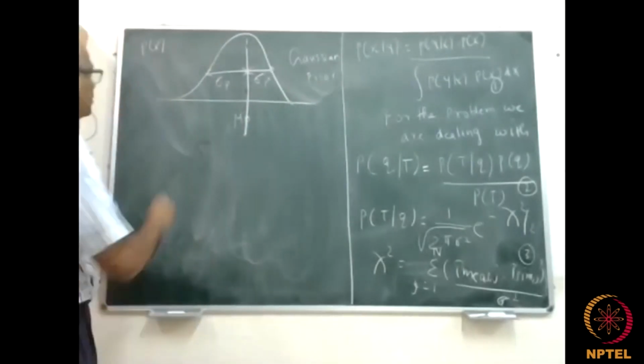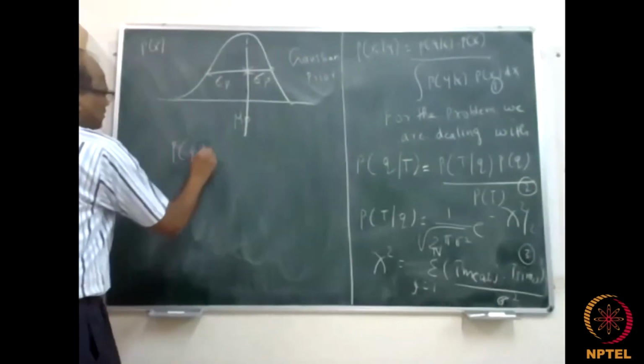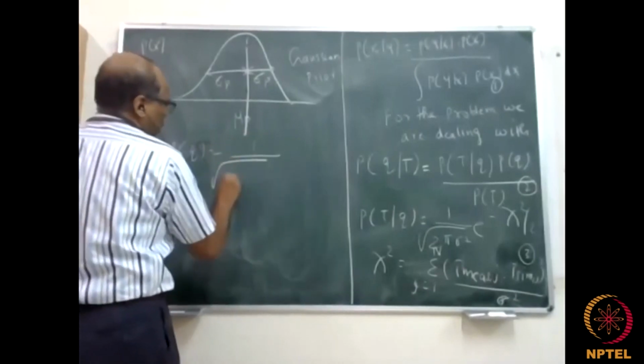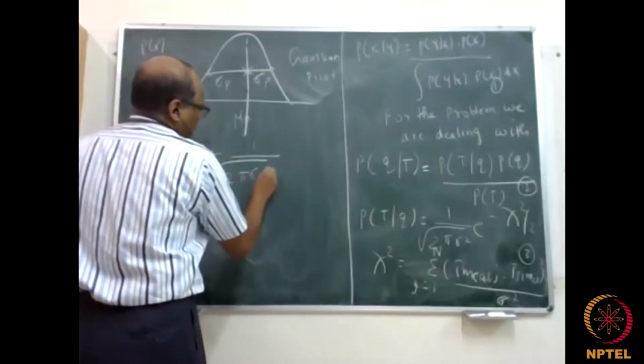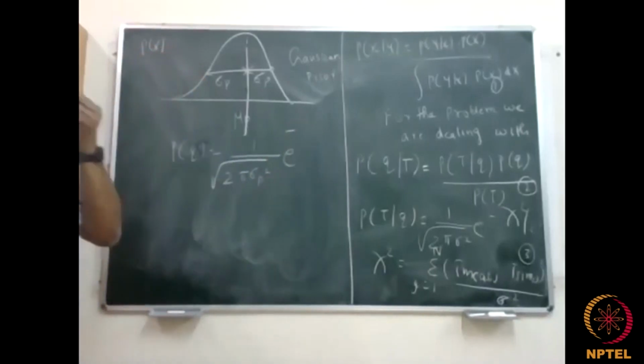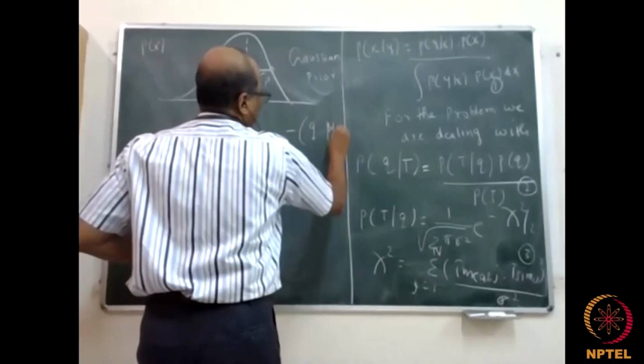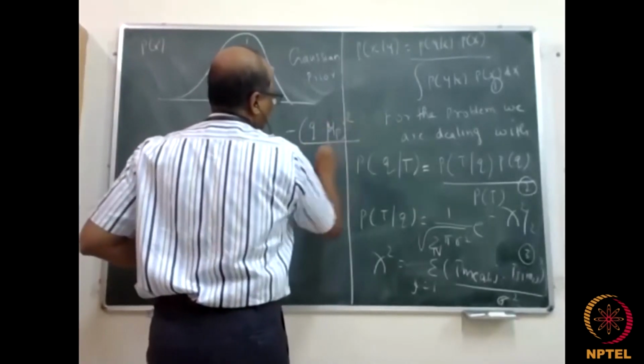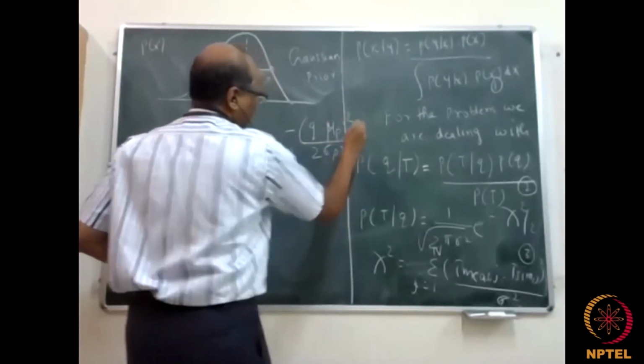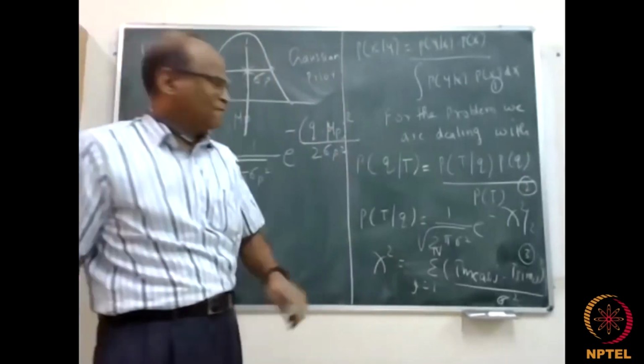But now, the P of Q, the prior, is given by 1 by root of 2 pi sigma of the prior into e to the power of minus Q minus mu P whole square by 2 sigma P square. Are you getting the point?